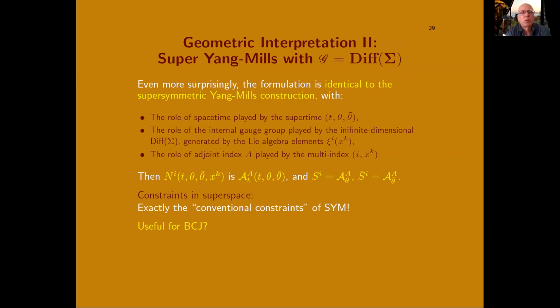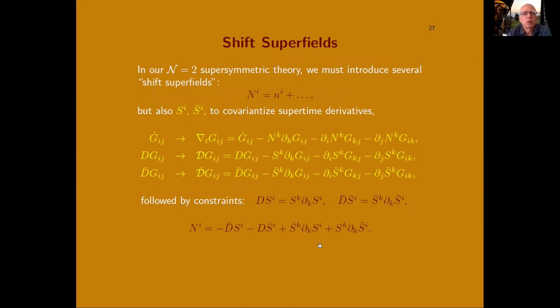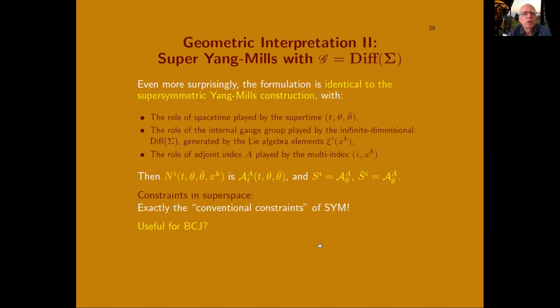retroactively, one comment that I skipped over just now, which I think is worth pointing out. I'm not sure what it means exactly. All the consequences are not yet clear, but it's actually quite surprising when you formulate this gauging of spatial diffeomorphisms procedure that I just outlined here, these covariant derivatives. You go through all that process, understand it geometrically, and then you stare at the result. It actually takes a surprisingly familiar form of just standardly constructing a super Yang-Mills gauge theory, supersymmetric Yang-Mills in superspace, while choosing the gauge symmetry, instead of being some SU(N) or some other internal gauge symmetry, to be spatial diffeomorphisms of sigma.